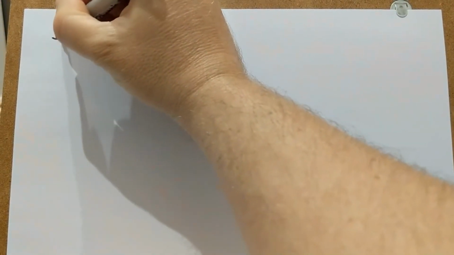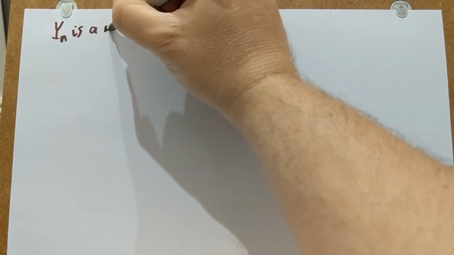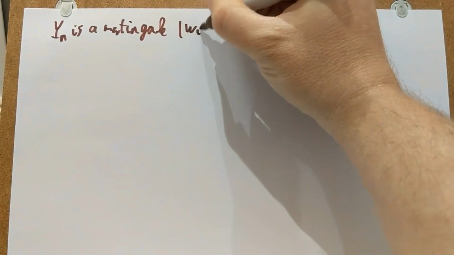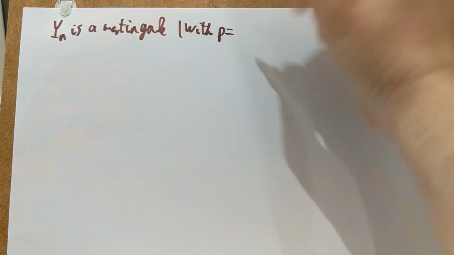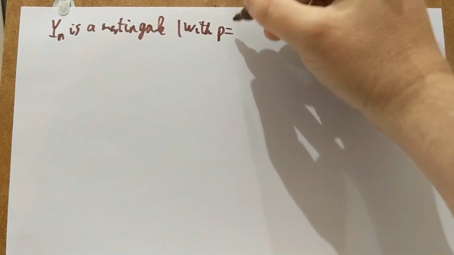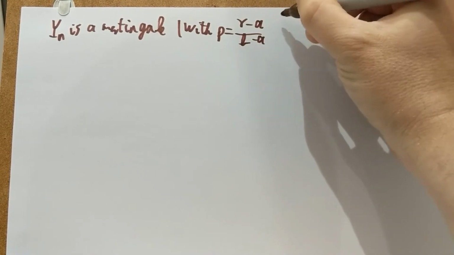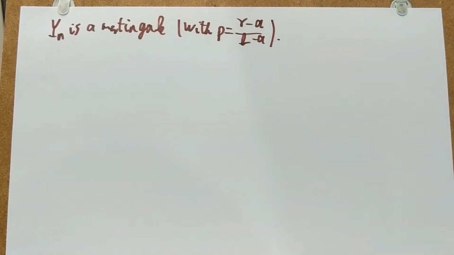So it follows that Yn is a martingale by picking that particular P. So remember that we picked P equals R minus A over B minus A, which is a probability by the assumptions on A, B, and R. Okay, so Y is a martingale.